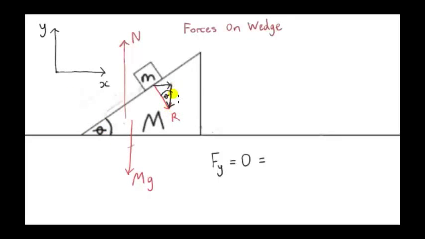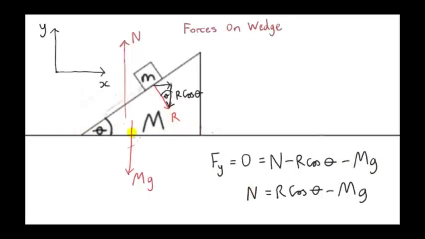So for the y component of vector R, we just multiply R by cos theta. The y component is adjacent to theta. So if we take upwards as positive, the y component of the resultant force is N minus R cos theta minus big M times g.